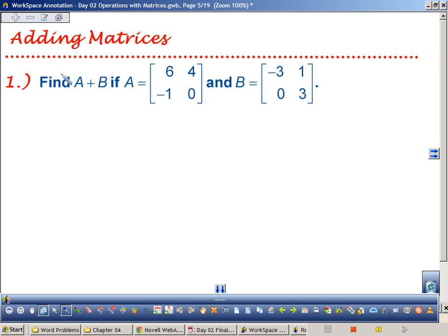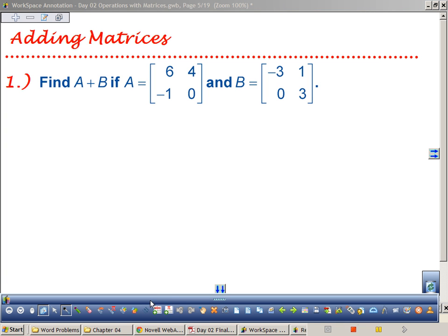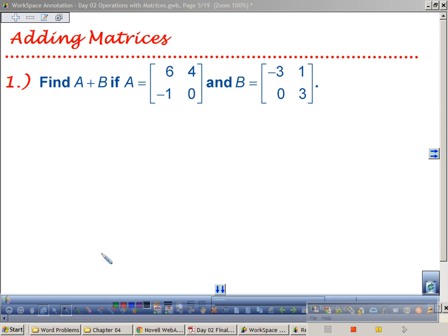So we're adding matrices. Find A plus B. Yes, you have to do all of the work to get credit. These are not hard things. The reason I want you to write it out is because matrices later get a little hairy. So you've got to practice with the easy stuff to keep it organized. You're going to think it's way too much work right now. It's really not that much. So find A plus B. This is how you would do this.